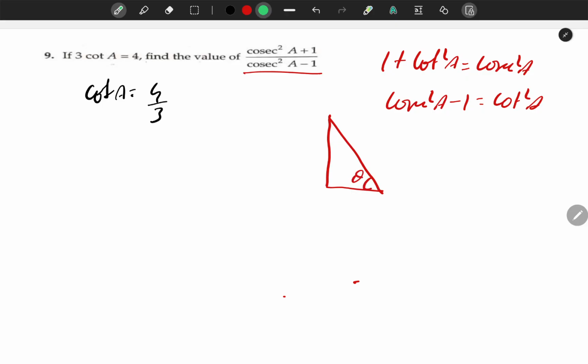Cot is the ratio of adjacent by opposite. Adjacent is 4, opposite is 3. By Pythagorean triplets, we can take the hypotenuse as 5.